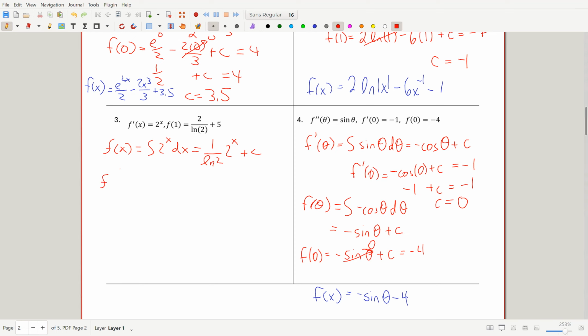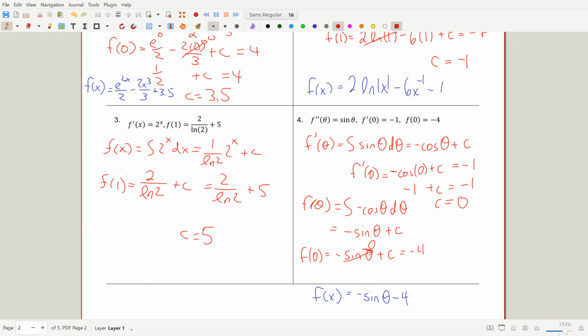So f of 1 is 2 to the 1 as my numerator over ln 2, I just moved the 2 to the numerator, plus c, and that equals what f of 1 equals, which happens to also have a 2 over ln 2 in it. Wild. Plus 5. So c equals 5. Again, that was quick.